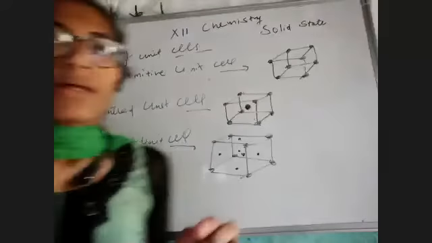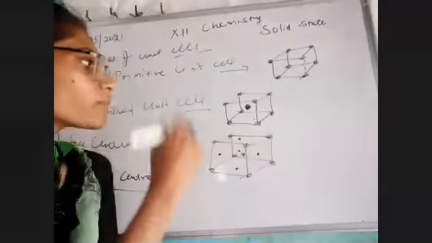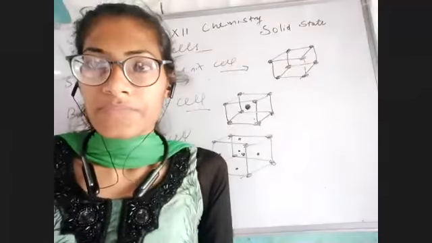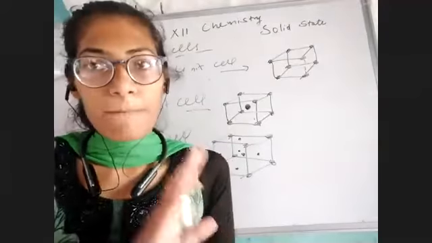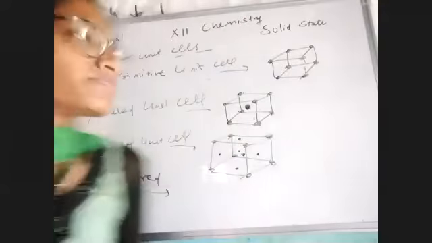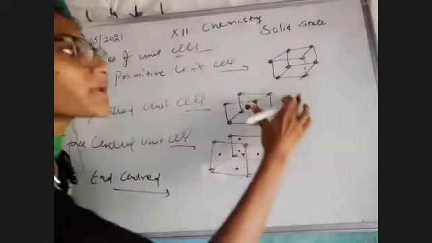So we will avoid them. We will just focus on the simple or primitive unit cell. I'm not saying that there are no possibilities of these two. There are so many possibilities, but they are more vast and complex. So we'll leave this. We will just focus on the primitive unit cell.